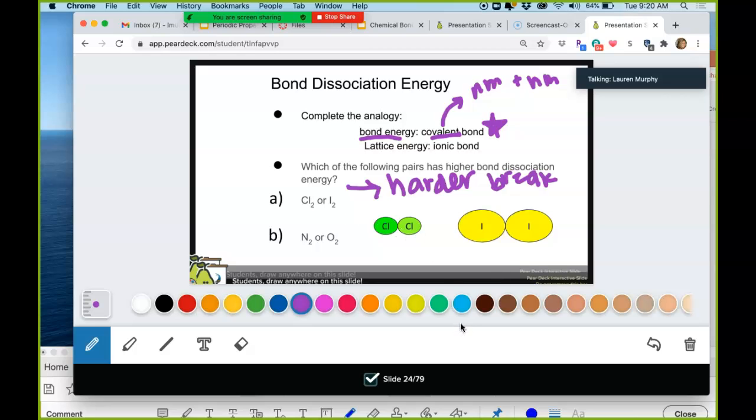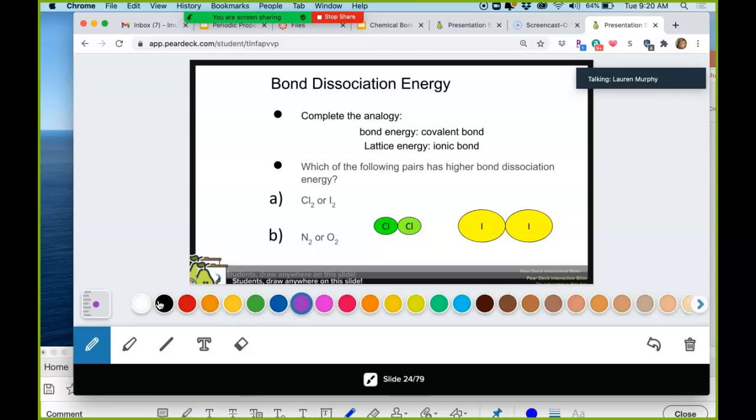So now chlorine and iodine. Now I'm going to draw them. Chlorine has 7 valence electrons, right? So here's chlorine. Now I'm going to do iodine.